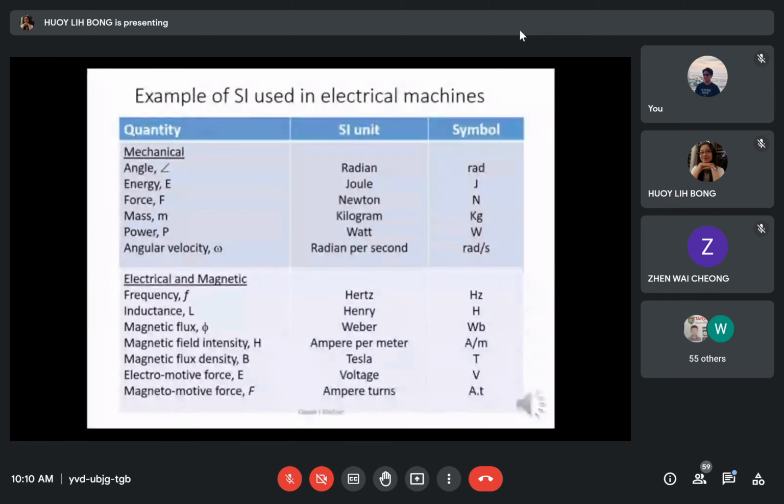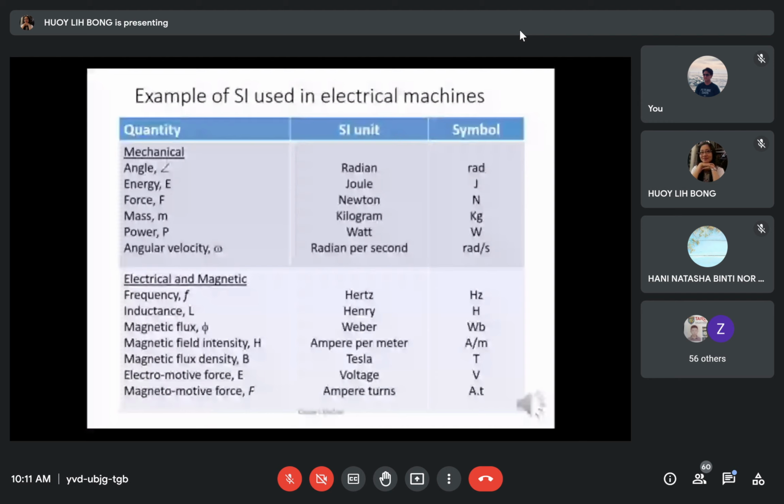While for electrical and magnetic quantities, we have frequency in hertz, inductance in Henry, magnetic flux in Weber, magnetic field intensity in ampere per meter, magnetic flux density in Tesla, electromotive force in voltage, and magnetomotive force in ampere turns.